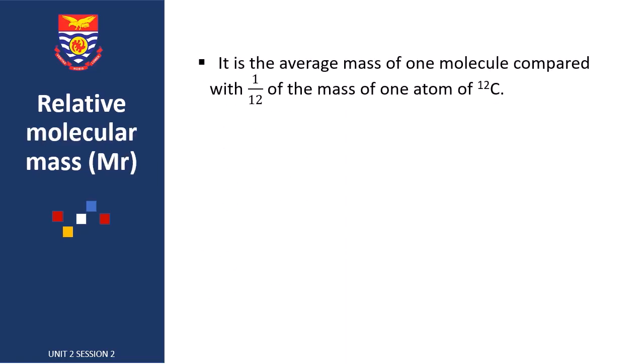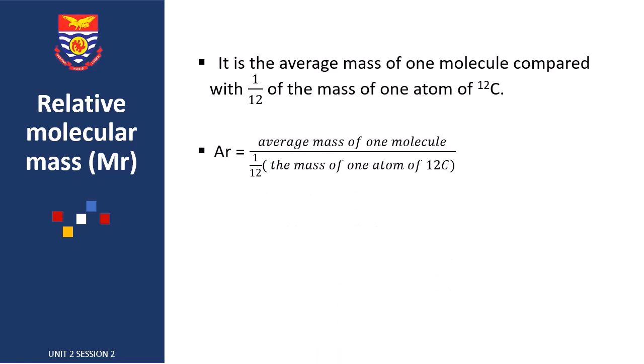Similarly, for relative molecular mass, we are just removing atomic and putting molecular there. So it is the average mass of one molecule compared with 1/12 the mass of one atom of carbon-12. We can also do that mathematically, just like the relative atomic mass.